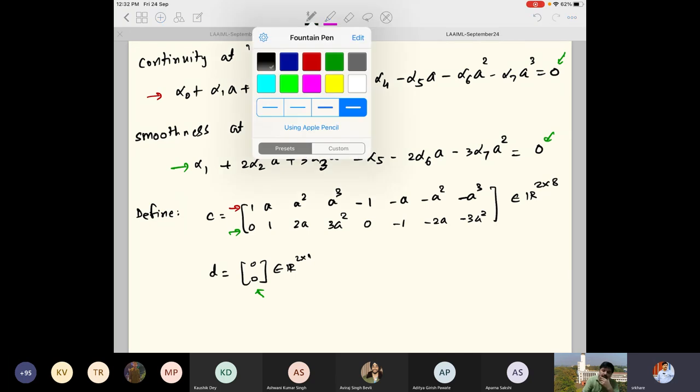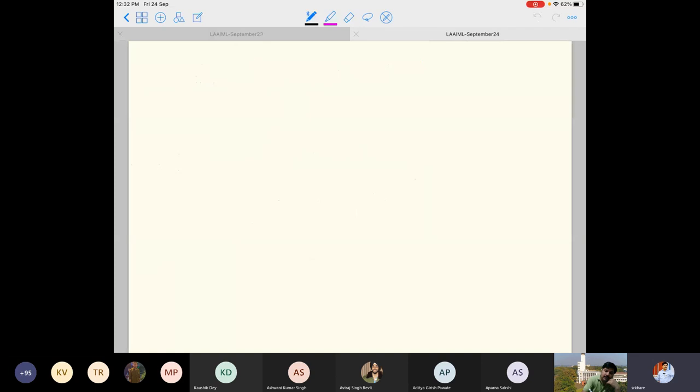And similarly, let me define matrices A and B as follows. Matrix A is equal to 1, then your point x1, the Vandermonde matrix, then x1 square, x1 cube, and then four zeros. How many such rows will you have?